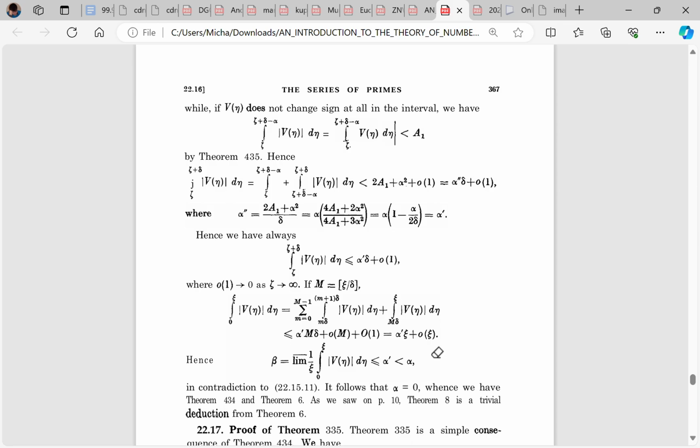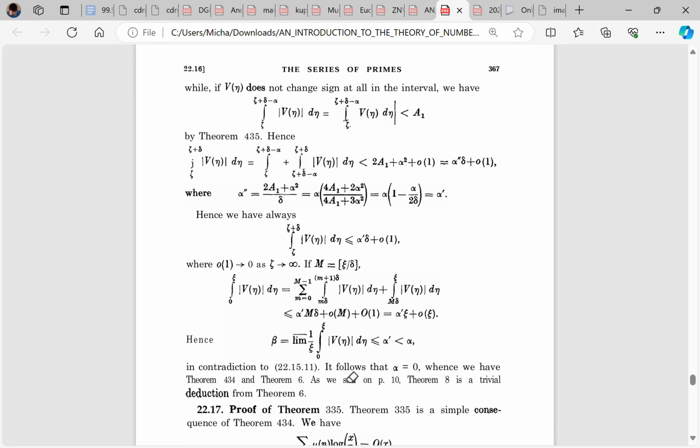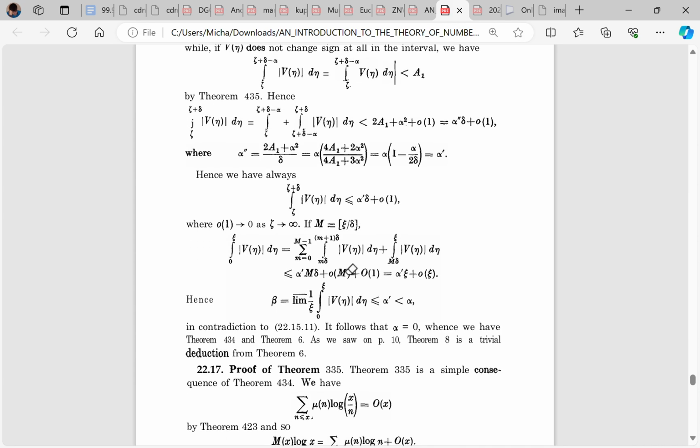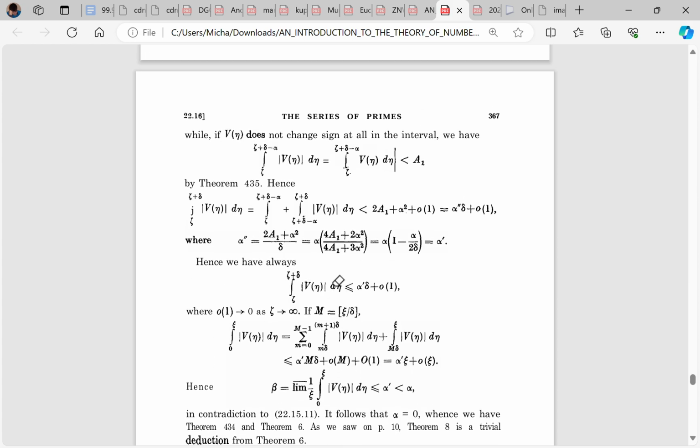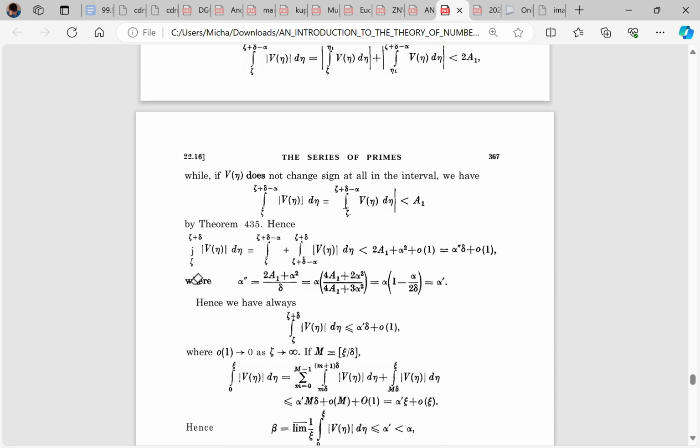Okay, if it is true and it's equal to this, and when you divide by xc, you just get alpha prime plus little o of 1. It's getting really close. What's happening here? And so is this true for every interval of length delta?